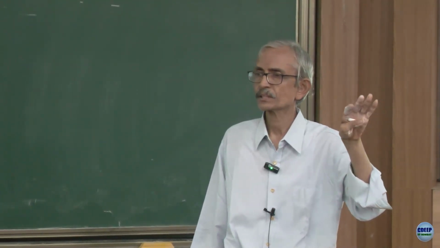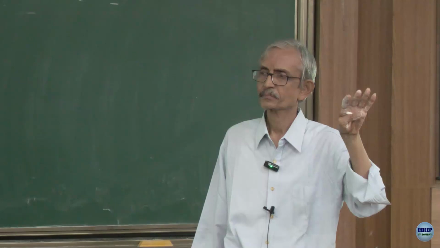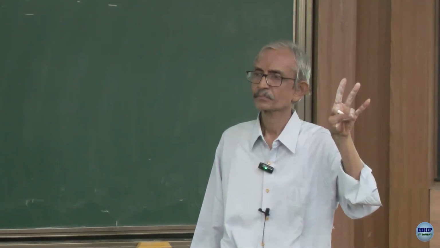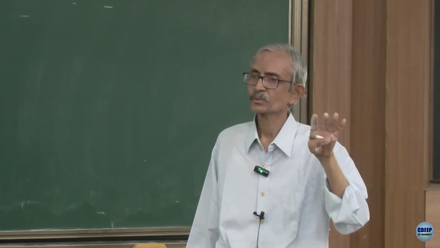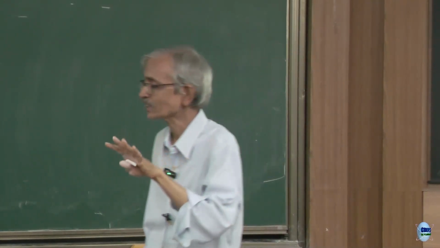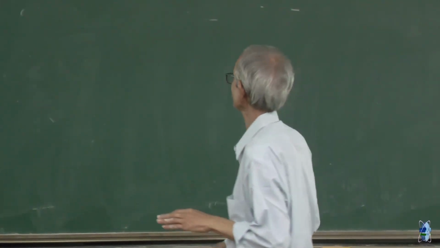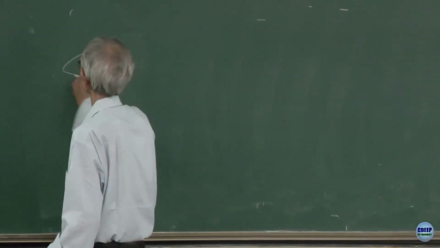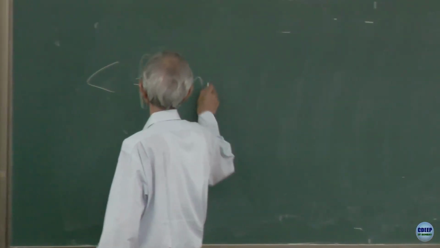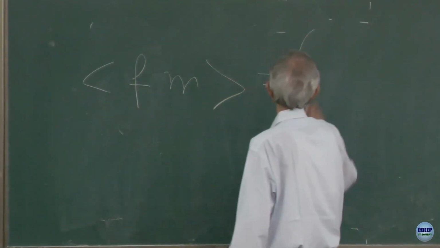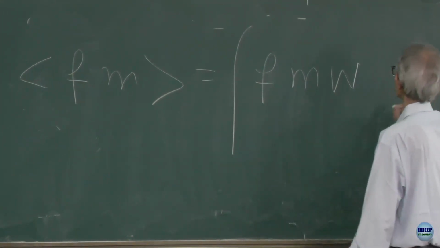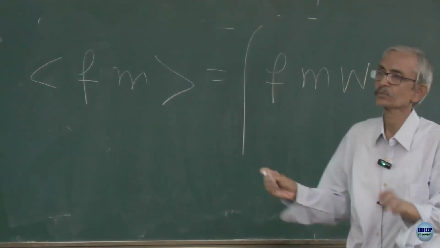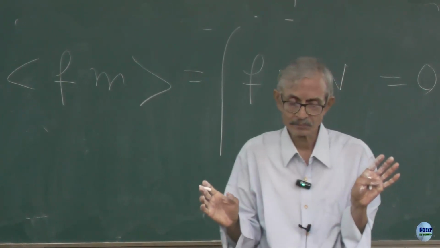The eigenfunctions are orthogonal. Okay. What orthogonality means is just this: integral of f_m f_n w is equal to 0. That's what orthogonality means. Okay.